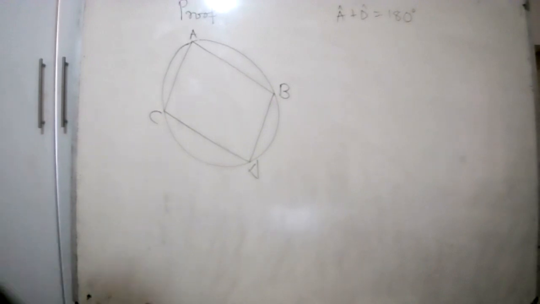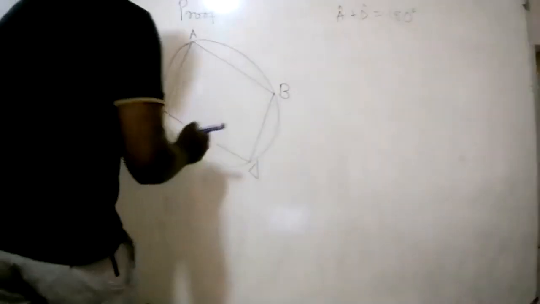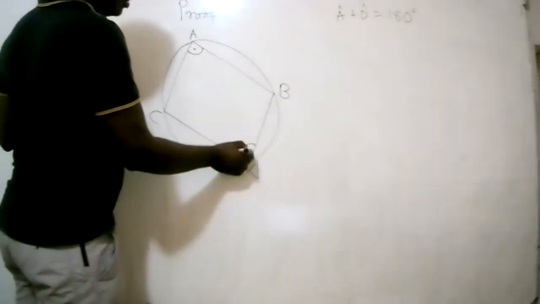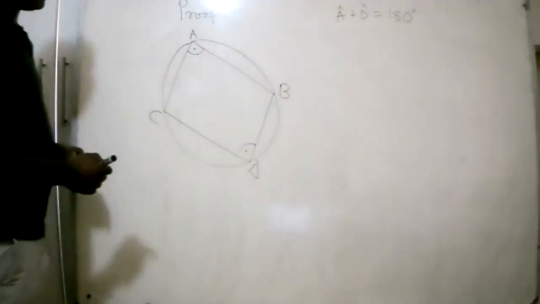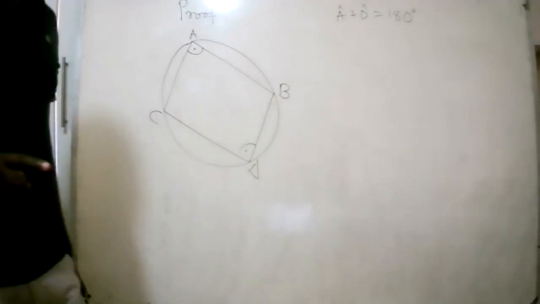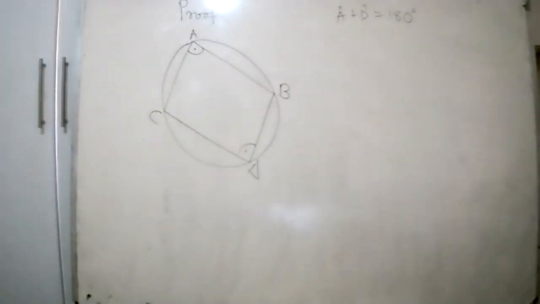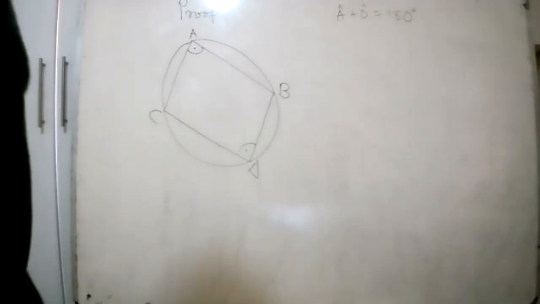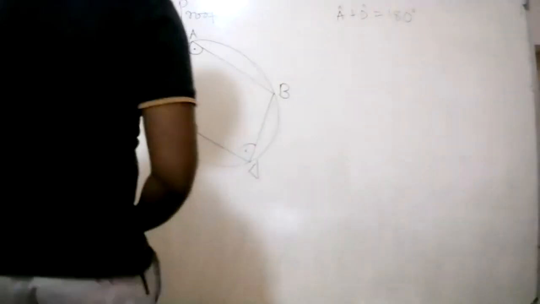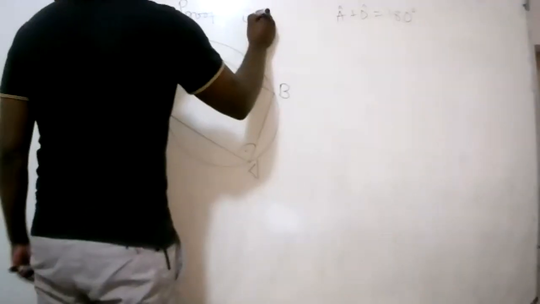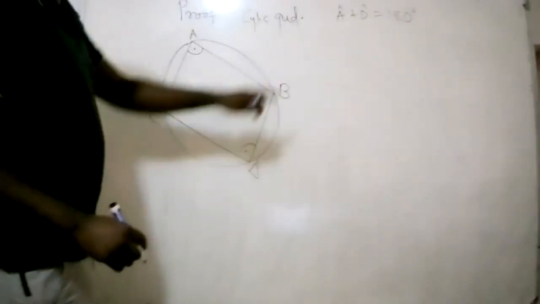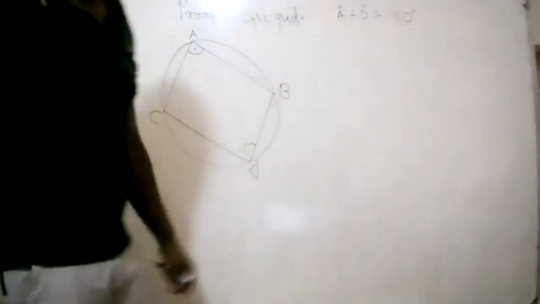All right, so we're going to prove this theorem of cyclic quad, wherein the addition of angle A and angle D must be equal to 180. Adish is here with us now, so Adish, we are going to prove the theorem of cyclic quad. When you add the opposite angles, it must be equal to 180.